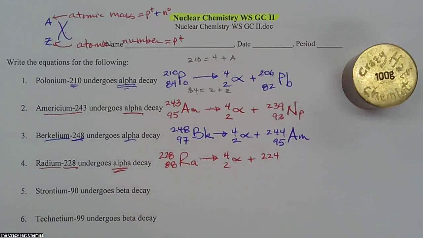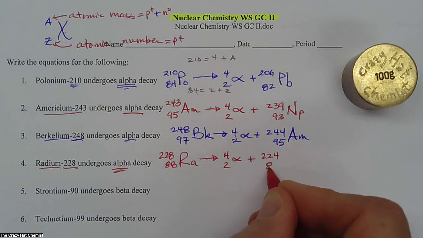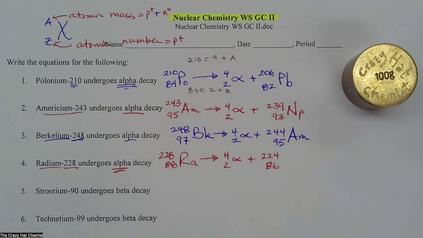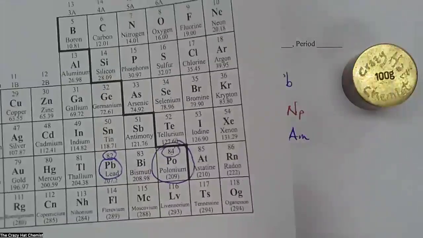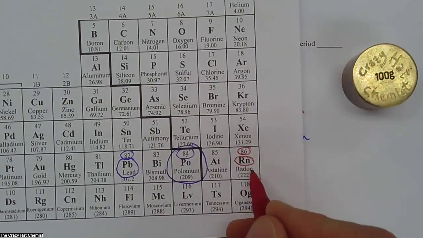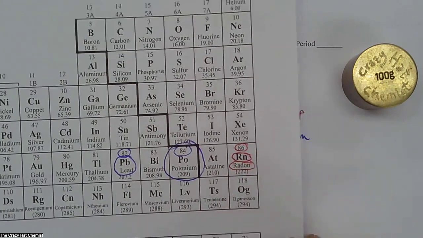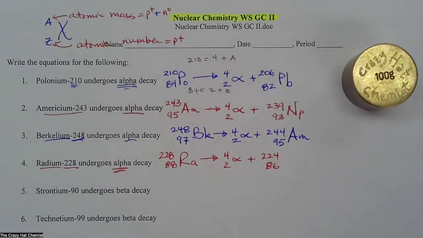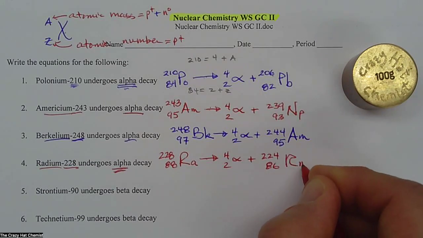And 88 is equal to 2 plus what number? That would be 86. Now I need to find element number 86 on our periodic table. Here we go. That's element number 86, and that's Rn for radon. So that's Rn, just like that.